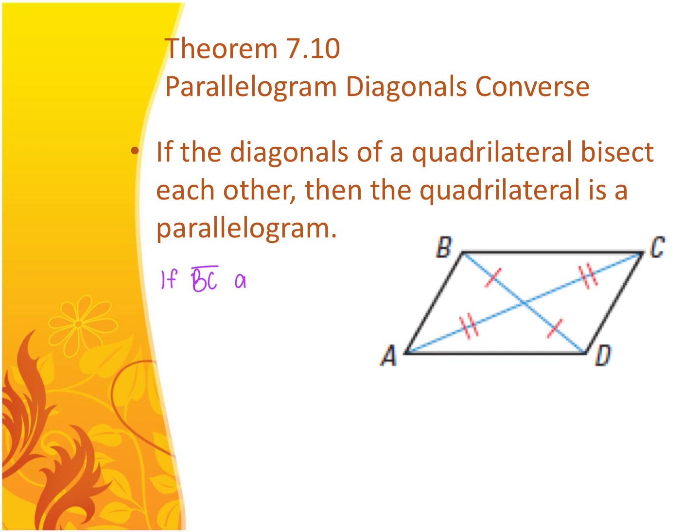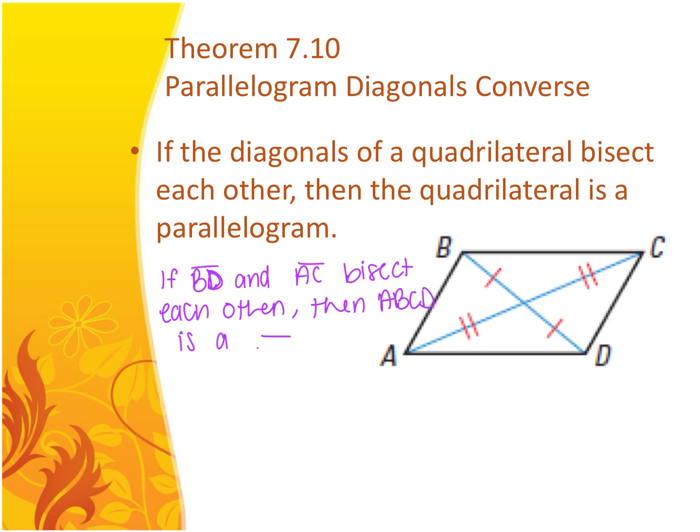If BD and AC bisect each other, then ABCD is a parallelogram.